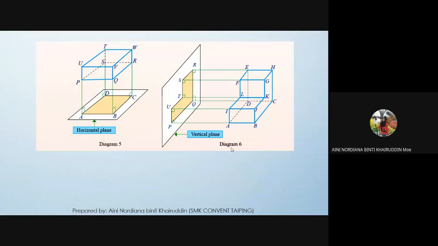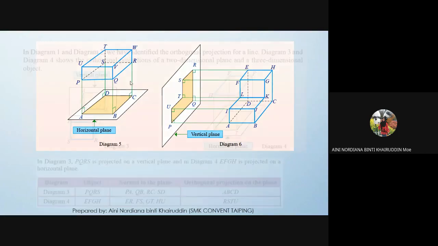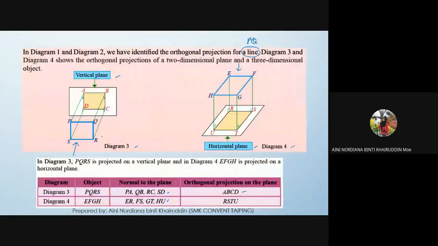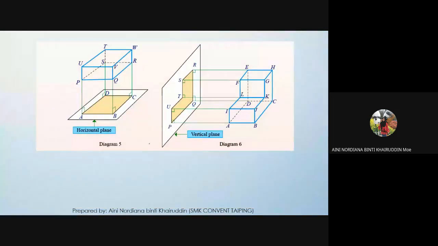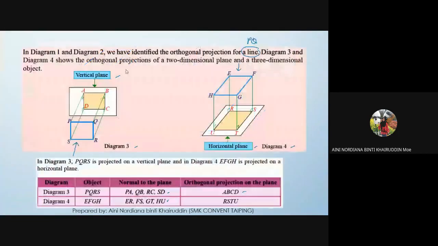Okay, diagram 5 and diagram 6, ini adalah untuk 3D. 3D. This one 2D, two-dimensional plane. This one for diagram 5 and 6, this is a three-dimensional object.